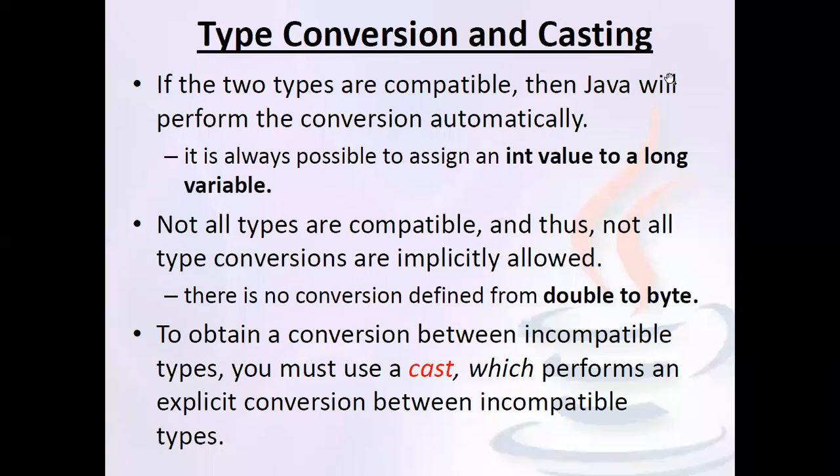This is programming in Java, and in the last class we talked about variables, what variables are, and then we talked about type conversion and casting. In type conversion, we said that we have automatic type conversion also.